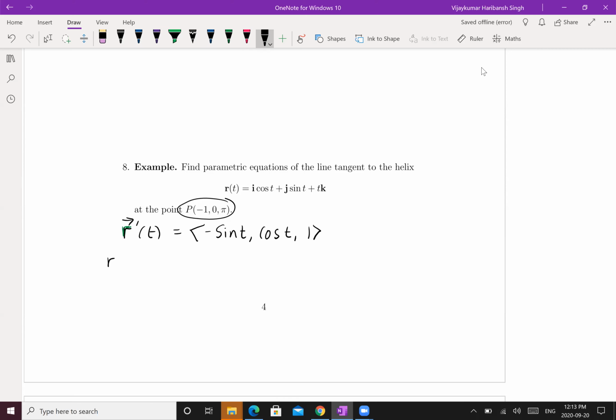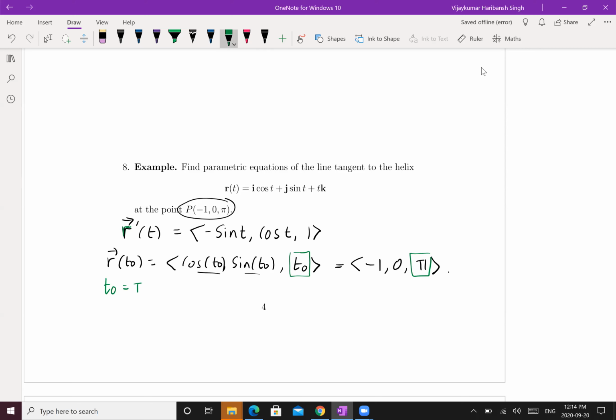On one hand, it is cos of t0, sine of t0, and t0. On the other hand, it passes through the point P. Instead of solving these, we can directly look at the third component. T0 is what? T0 is pi.